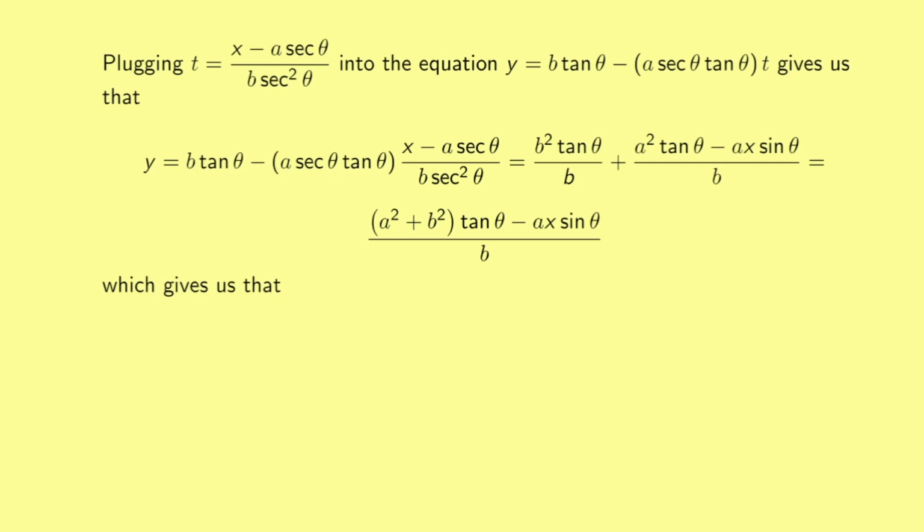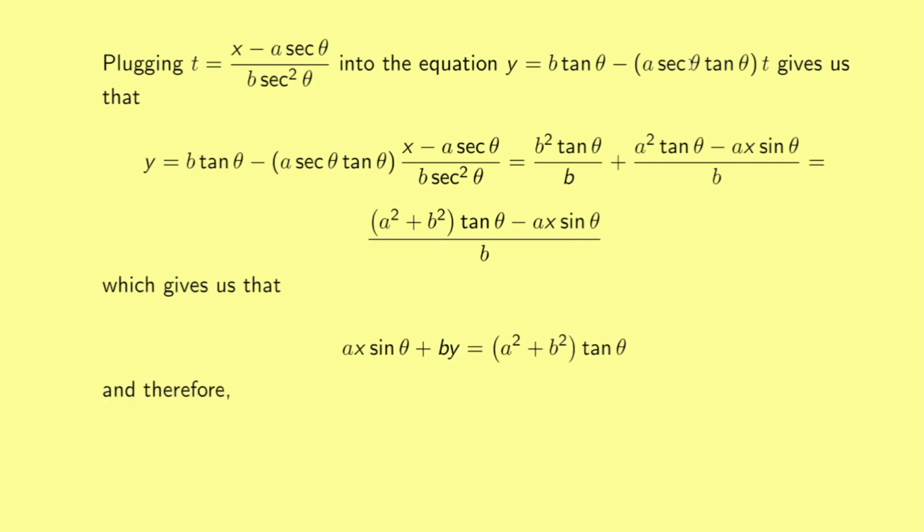We are almost done for this part. And now we are going to put everything over the same denominator. Since we have b squared plus a squared multiplied by tangent theta, we put these two together, and we have this; the minus ax sine theta stays the same.